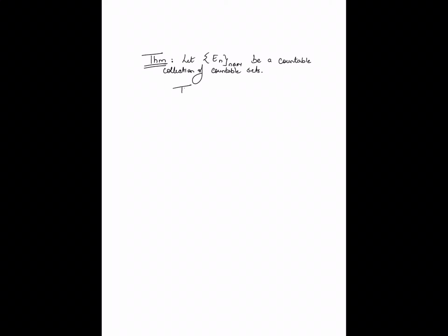In this case, if I look at the union of all of the E_n, this is countable. So in words, what this theorem says is that a countable union of countable sets is countable.